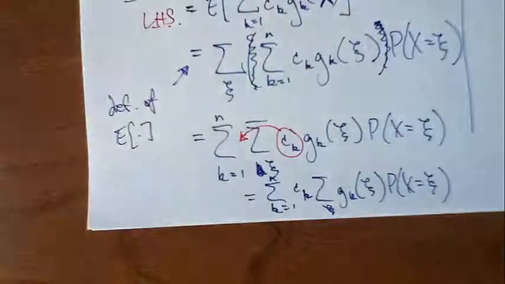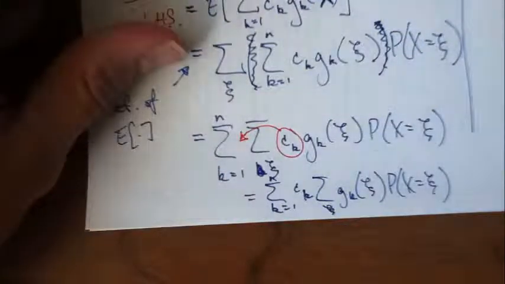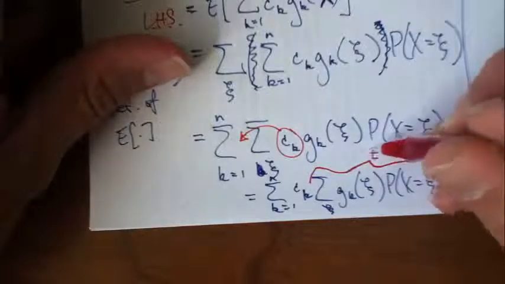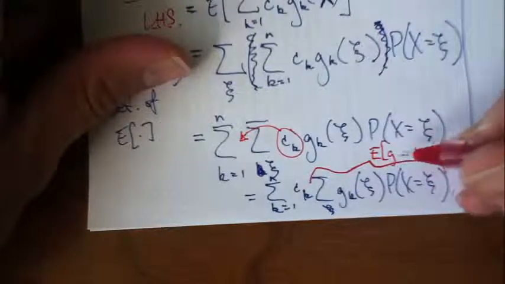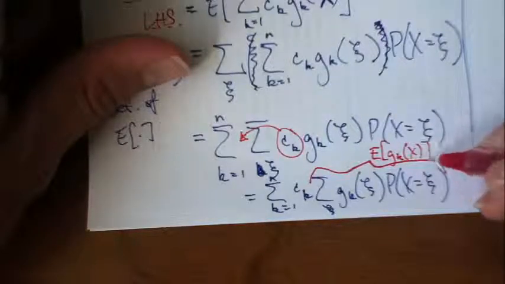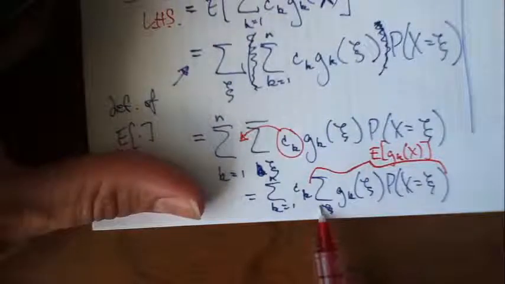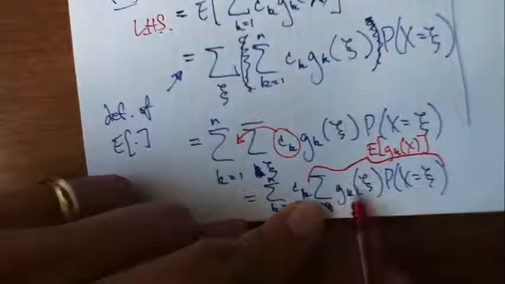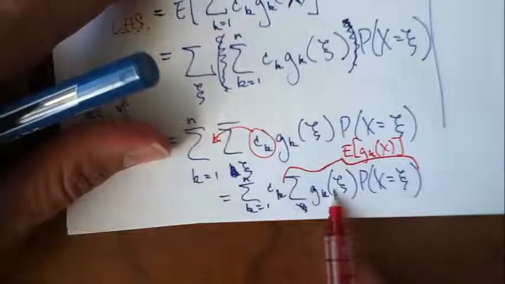What is this? This is just the expected value of g sub k of x. Isn't it? It's the sum. It's a weighted average of these guys. Okay, so we're there. We're done. Proved.